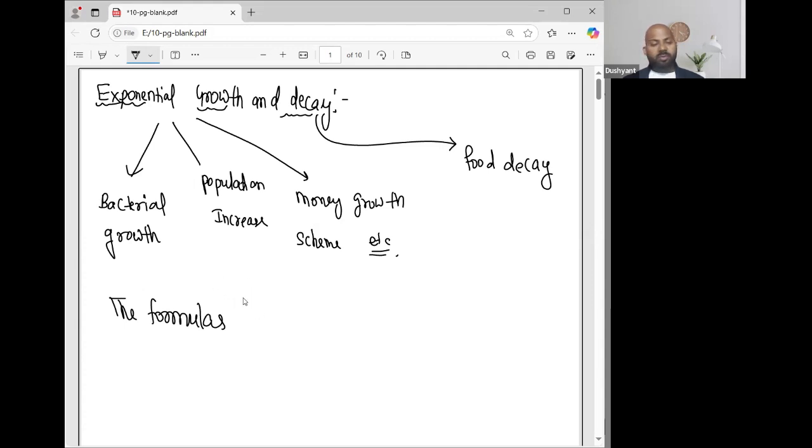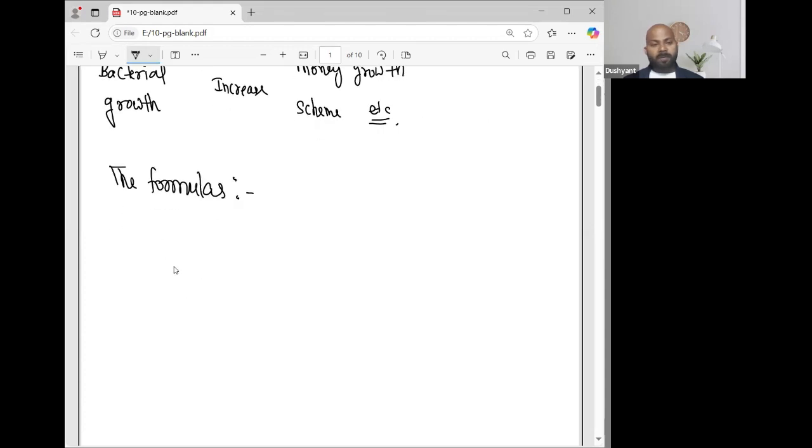The formulas of exponential growth and decay are: exponential growth is f(x) equals a(1 plus r) to the power of t, and exponential decay.